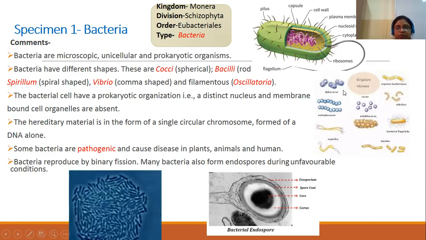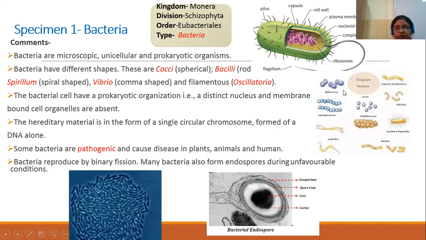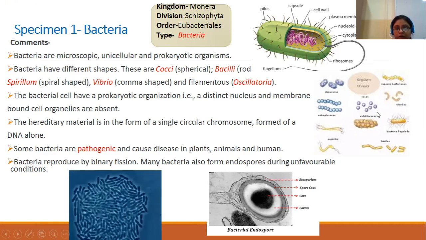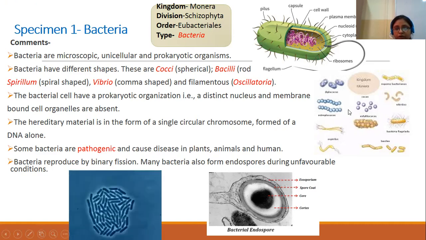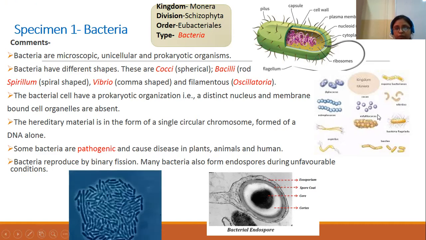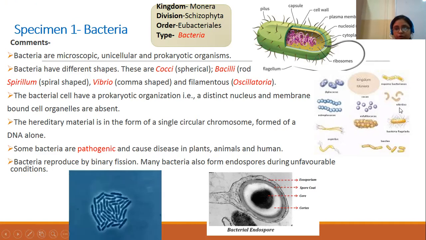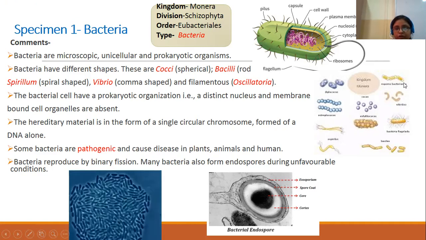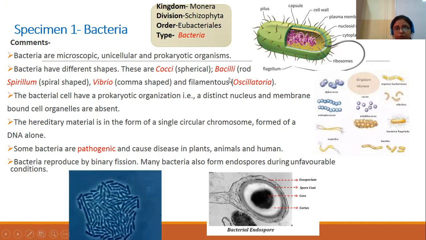These bacteria are found in a variety of shapes. Here you can see in the different shapes and forms they can be found. They can be round, spherical like that of the cocci. They can be rod shaped like this. Such type of bacteria are called bacilli or bacillus.